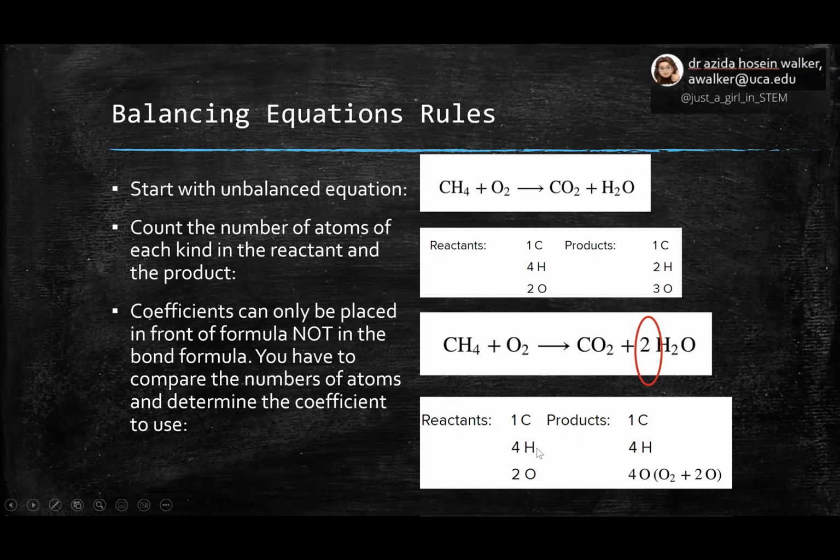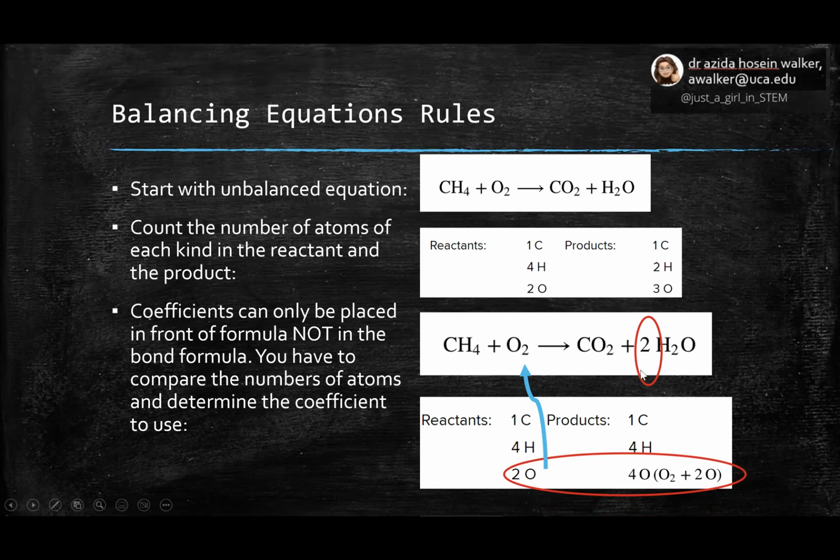So while our carbon and our hydrogen seem to be balanced, we're still imbalanced because we don't have the exact number of oxygen atoms in both the reactant and the product. So then what we can do is look at this oxygen atom and try to think of a coefficient that we can multiply it by so that we can make the numbers equal.